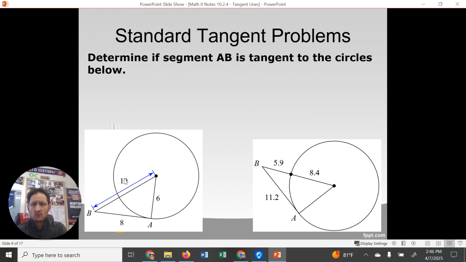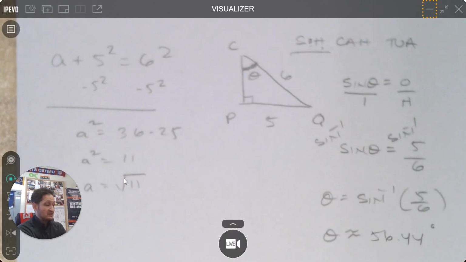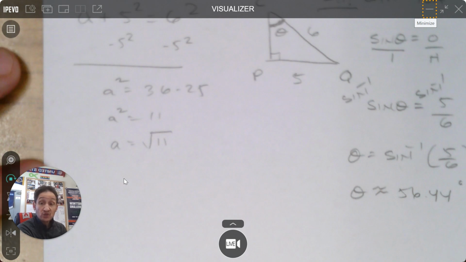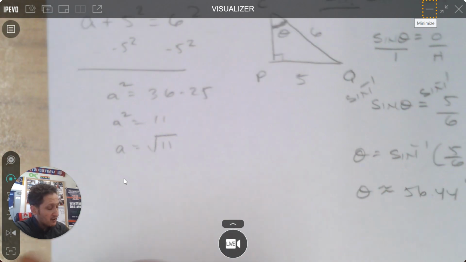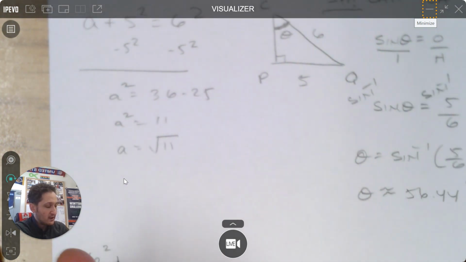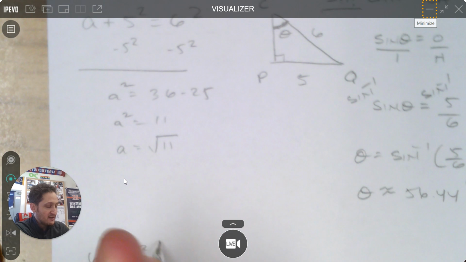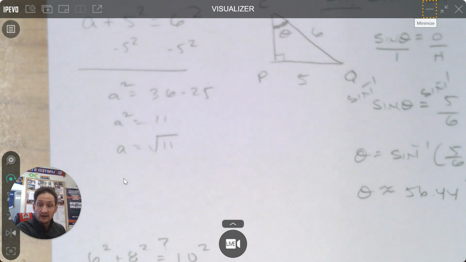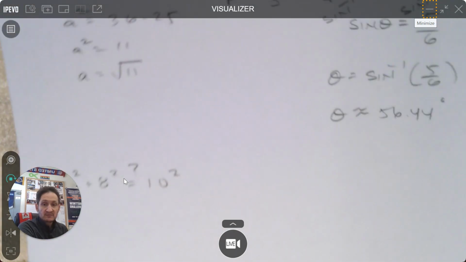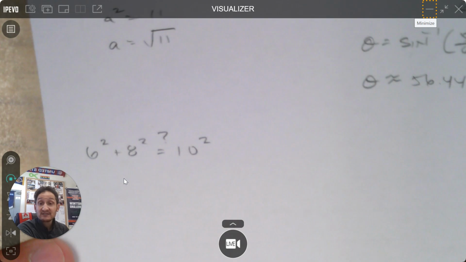6, 8, 10. What I will do is put those into Pythagorean theorem. Obviously there's nothing to solve for, there's no variable, but I'll ask myself, is 6 squared plus 8 squared equal to 10 squared? Does it check out? That's what I'm asking.